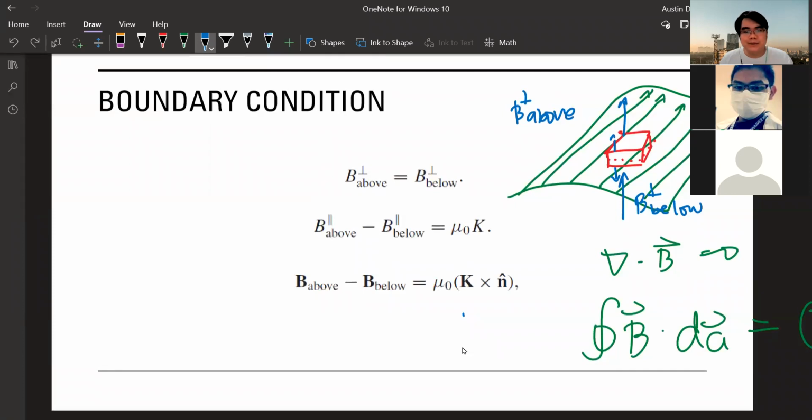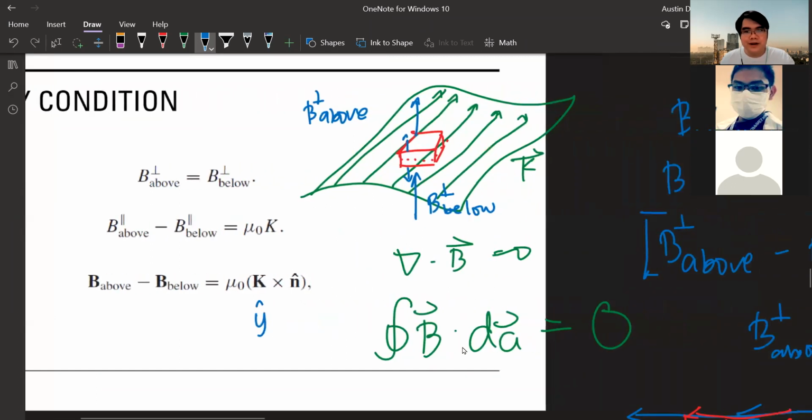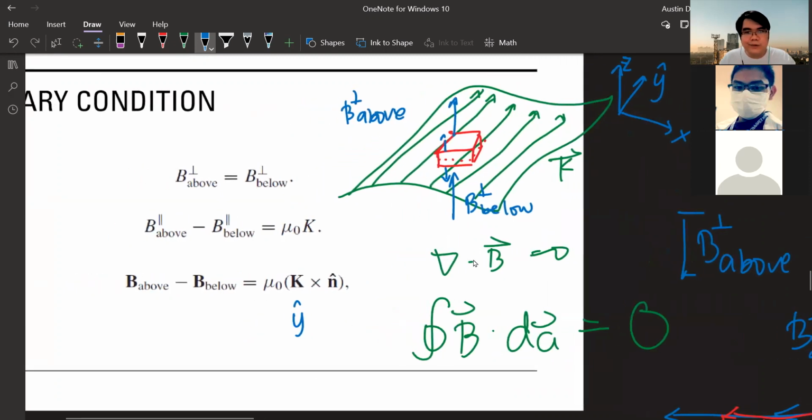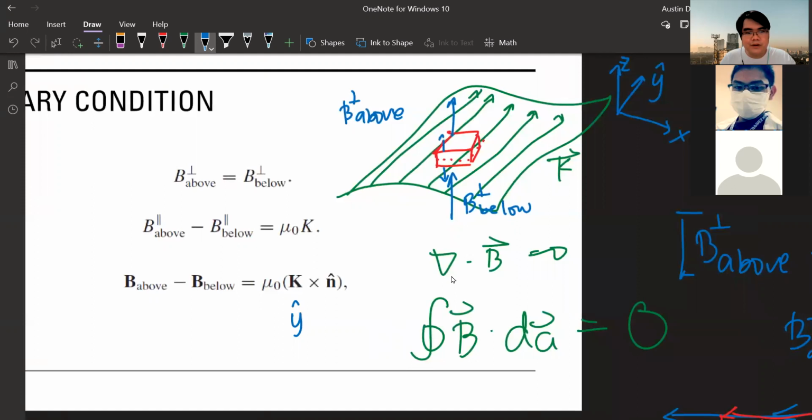This is y, kunwari towards y direction, so, in this case, this is y hat, and this is x hat, and then yung vertical component would be z. Ayan. So, cross y cross z.